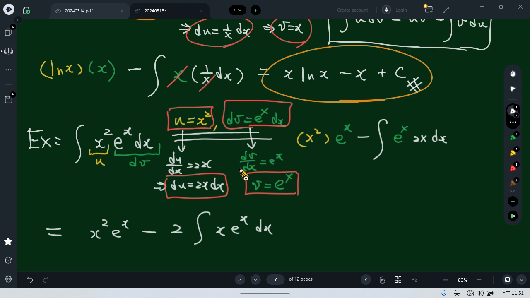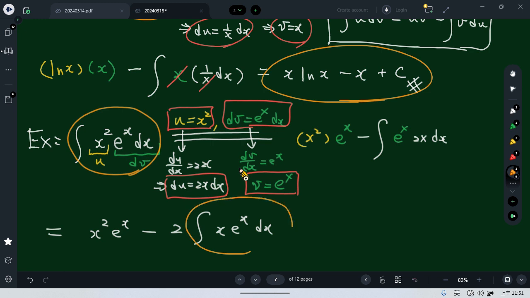Not yet finished. Not yet finished so far. Right now you can notice here. You can notice here, this form to this form. Did you notice anything?